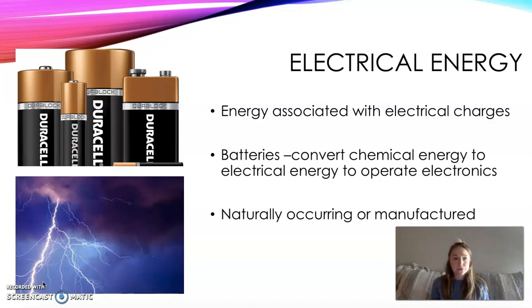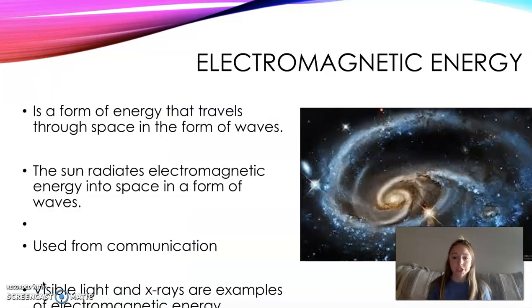For examples, the batteries in our remote, our calculators, our flashlights. Even though it can be manufactured, it can also come naturally. An example of this would be lightning.